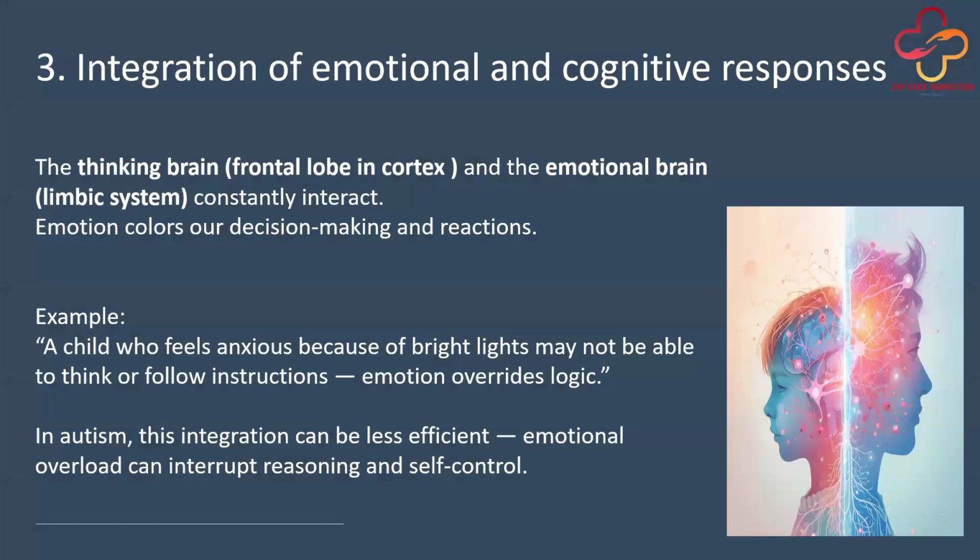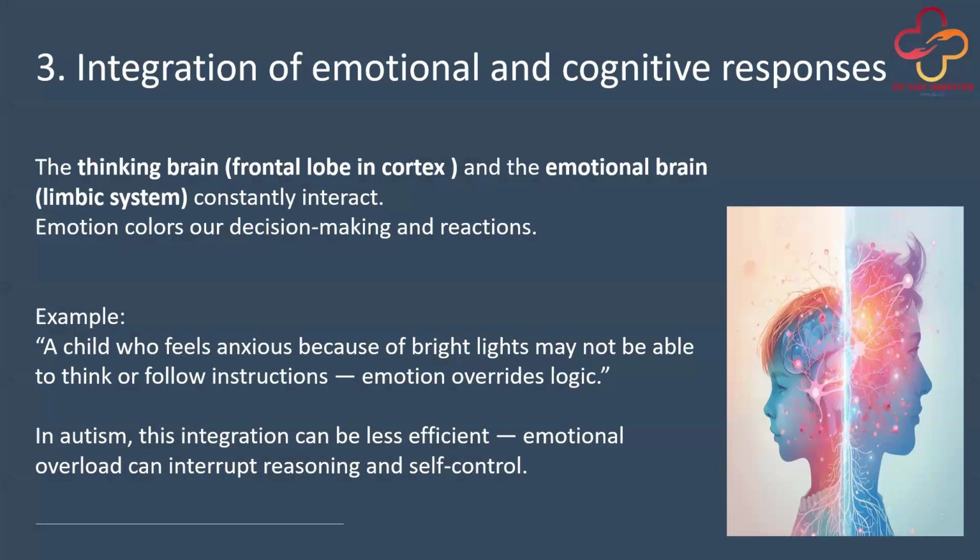The third factor which affects behavior is integration of emotional and cognitive responses. So first is neural communication, which we have seen, then sensory processing, then integration of emotional and cognitive responses. The thinking brain, frontal lobe and cortex, and the emotional brain, the limbic system, constantly interact with each other. Emotions color decision making and reactions.